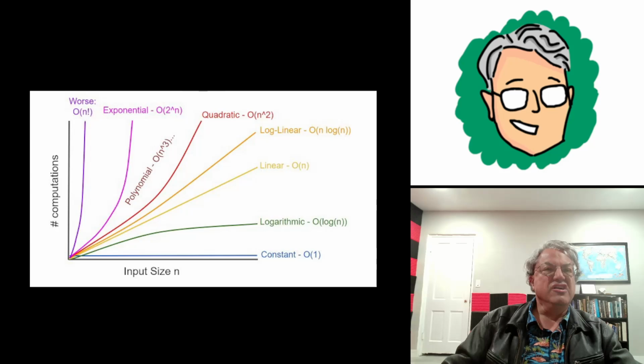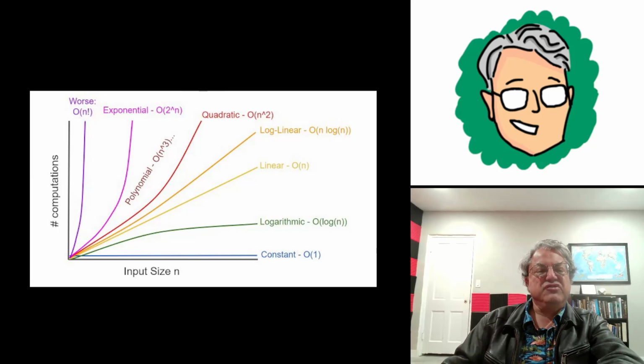That's an example of an exponential time algorithm. That's very slow, very inefficient, but we don't know how to do it any better than that. And an example of just about the worst possible, the hardest kind of algorithm we know about, is factorial. It turns out the traveling salesman is an example of that.